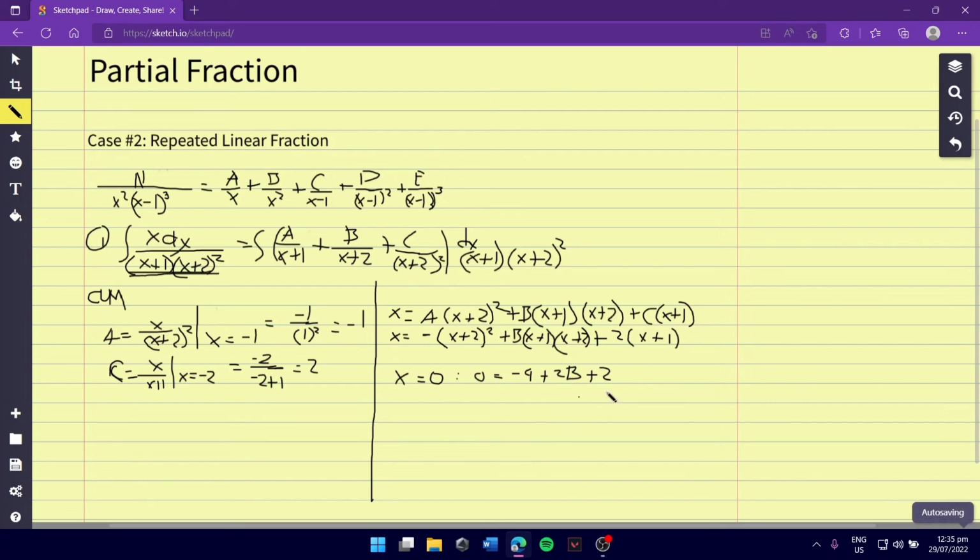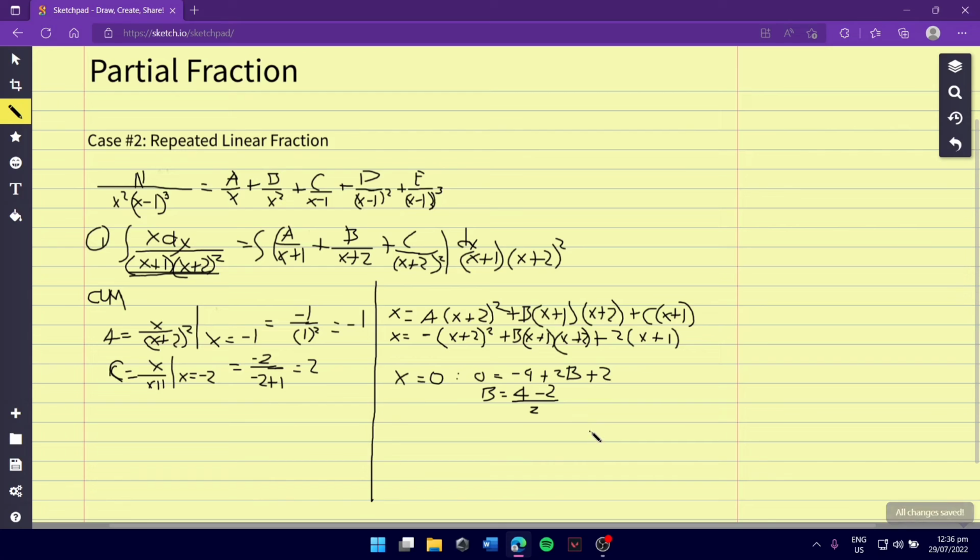Now we'll solve for the value of B, which is, you multiply both sides by B. We have 4, then minus 2, minus 2 over 2.